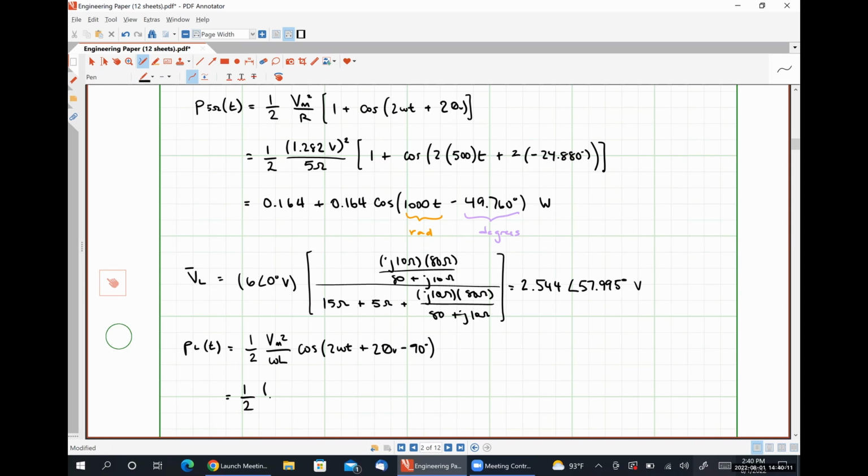So Vm for my inductor is 2.544 volts. Omega is 500. L was 20 millihenries.